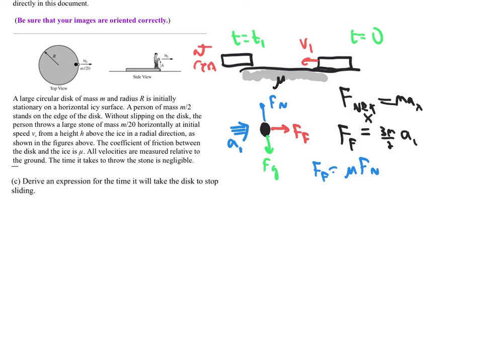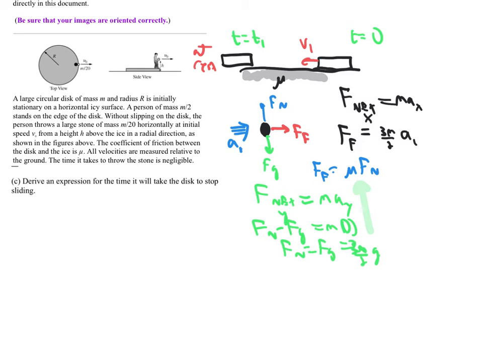And I know that the net force in the y is going to be m times a in the y. The net force in the y is the normal force minus the weight. And there is no acceleration vertically. So the normal force is the weight, which is 3/2 m times g. So we can go back up here and say the frictional force is mu times 3m over 2 times g.